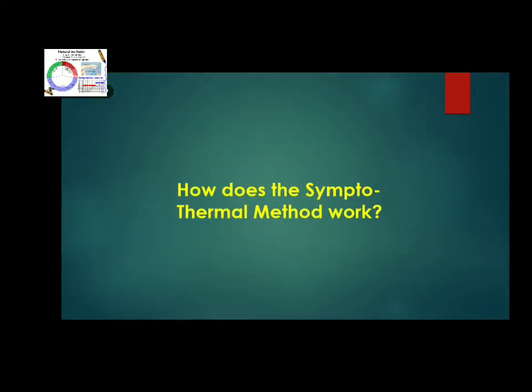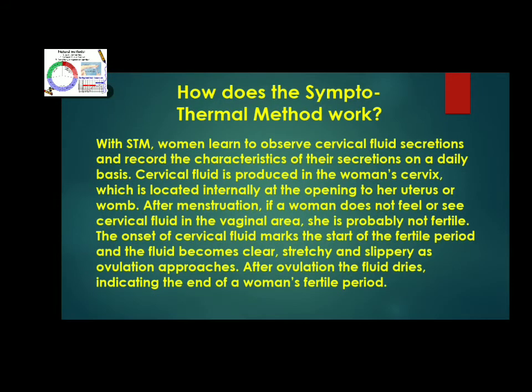How does the symptothermal method work? With STM, women learn to observe cervical fluid secretions and record the characteristics of their secretions on a daily basis. Cervical fluid is produced in the woman's cervix, which is located internally at the opening to her uterus or womb.